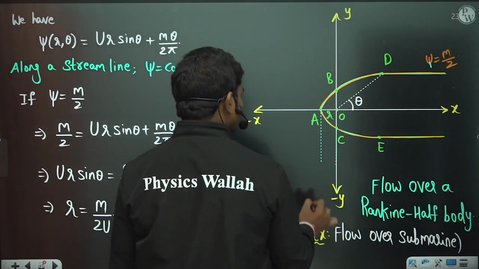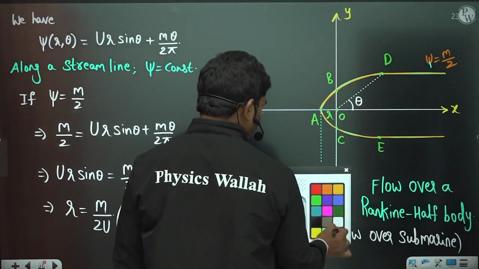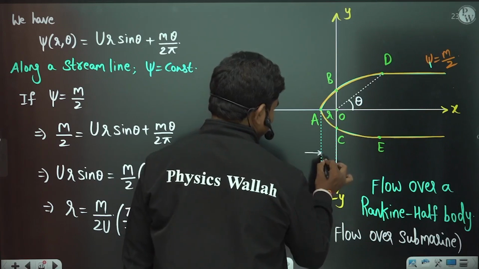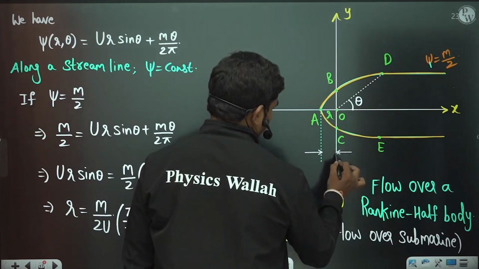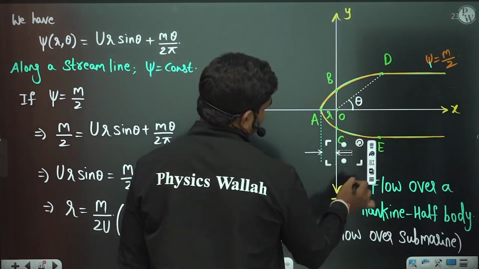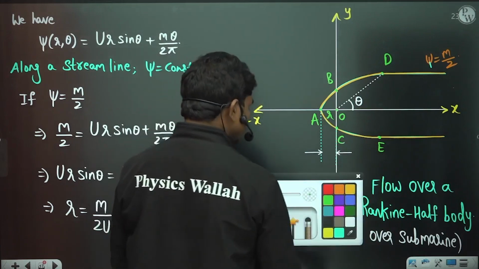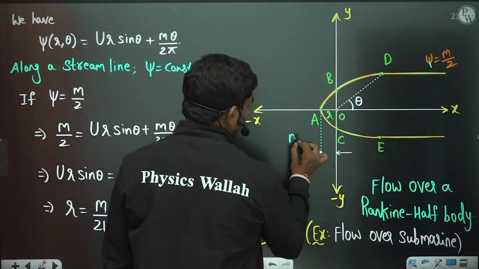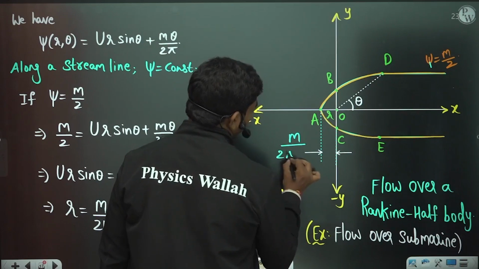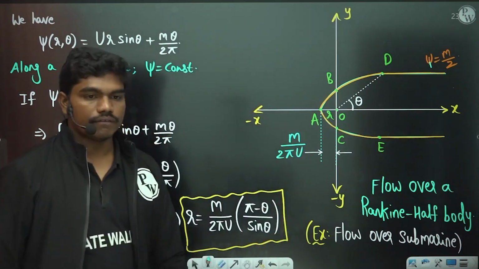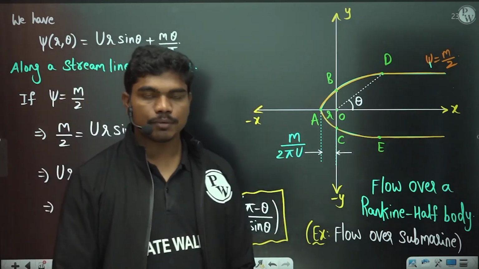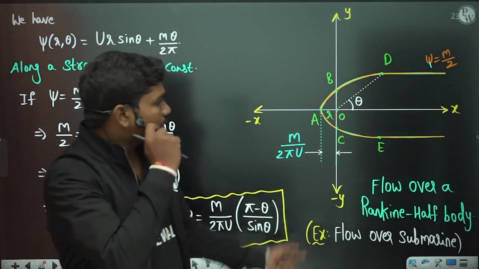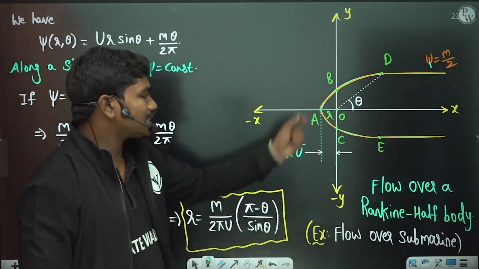So this value is m by 2 pi u. Differentiate and put 0. So we got this value is m by 2 pi u. So this radius is m by 2 pi u.